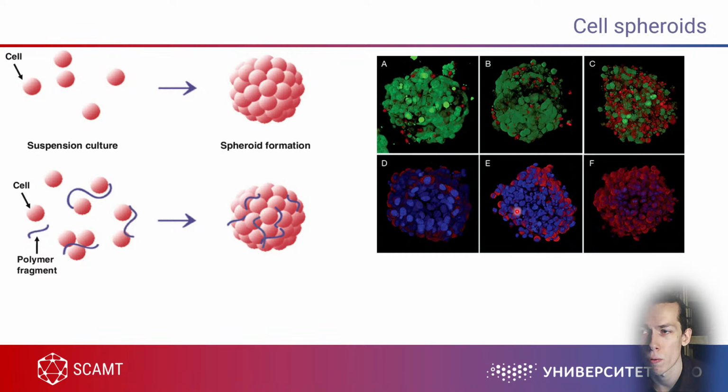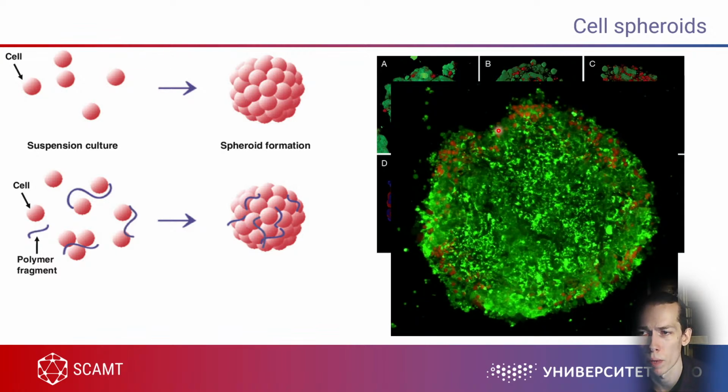This is an example from, I believe, some Nature paper. This is an example from our laboratory. And what's so special about cell spheroids? In our organism, a very small number of cells form just a monolayer. It may be endothelial cells, maybe some other cells, some basement membranes and so on.